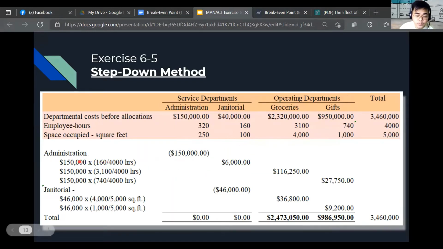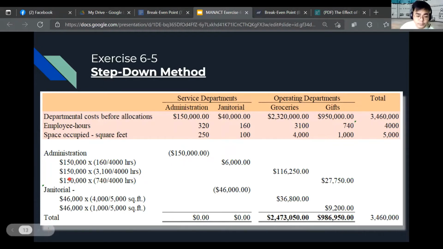So we multiply 150,000 by the number of employee hours in janitorial, divided by the total number of employee hours. To get the total number of hours, we add the hours from the janitorial, the groceries, and the gifts. So we have 4,000. We divide it, and we get the cost of $6,000.